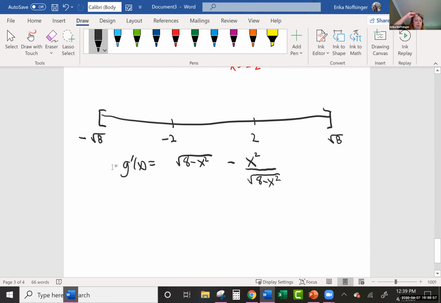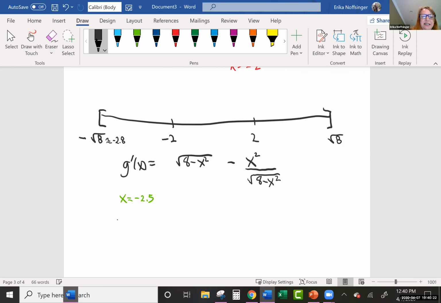I know it's 2 root 2, so that's 2.8. So a number that falls in between negative 2.8 and negative 2. So how about x equals negative 2.5?